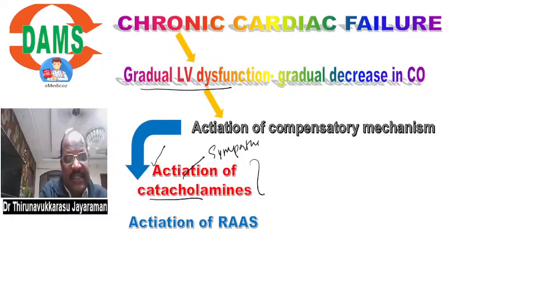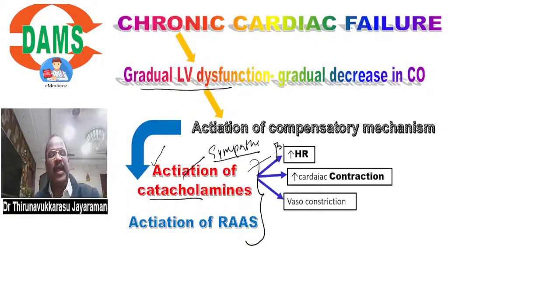Because of the compensation, what happens? Sympathetic stimulation acting on beta 1 causes increased heart rate and increased force of contraction. It may act on alpha 1, causing vasoconstriction. Increased contraction, increased heart rate, and increased vasoconstriction all cause stress on the heart.